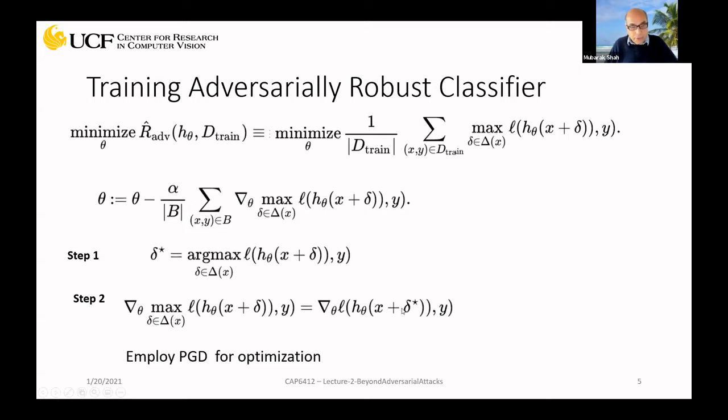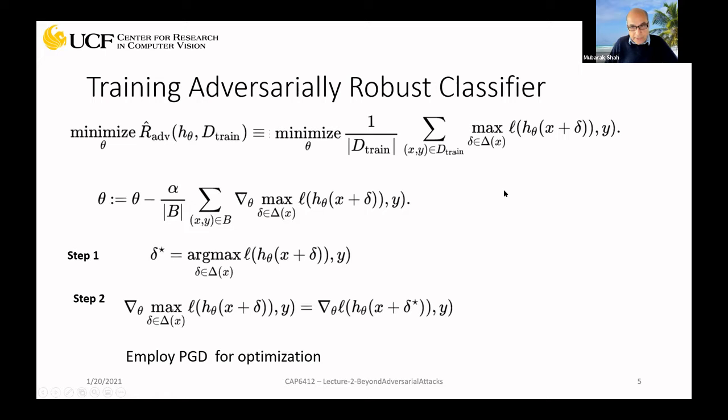So now, in order to find that, as we discussed, we will typically use gradient descent, but we are going to use what is called, as we discussed last lecture, projected gradient descent. Okay, so that is one main difference you want to keep in mind: in order to train a robust classifier, two things.